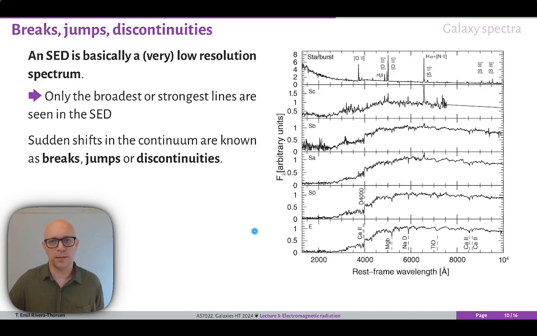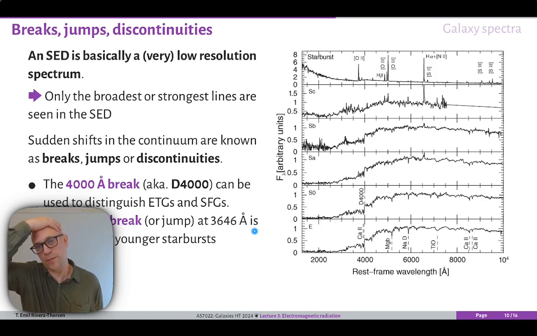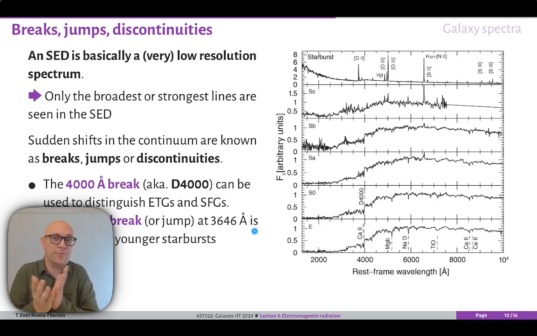The one at 4,000 angstrom is called the 4,000 angstrom break, because astronomers are fantastic when it comes to naming things. We call these things breaks or jumps or just discontinuities. Basically, a discontinuity is the collection of breaks and jumps.